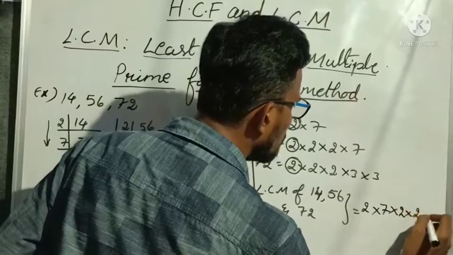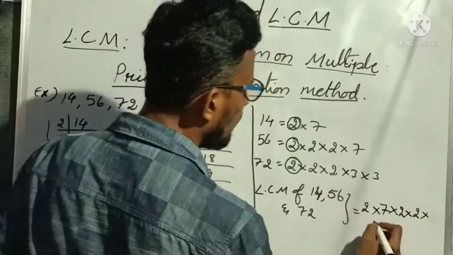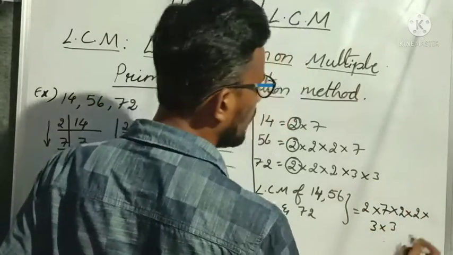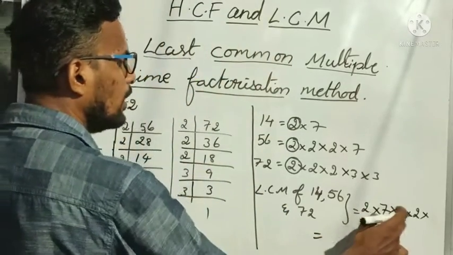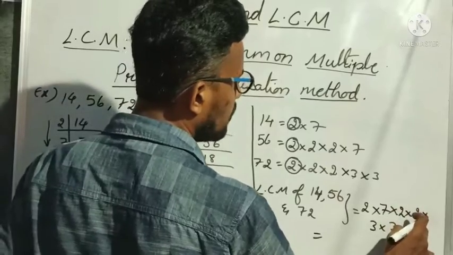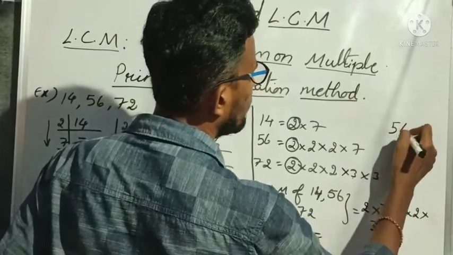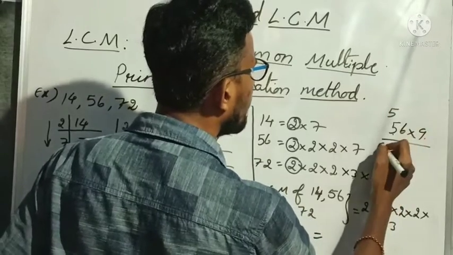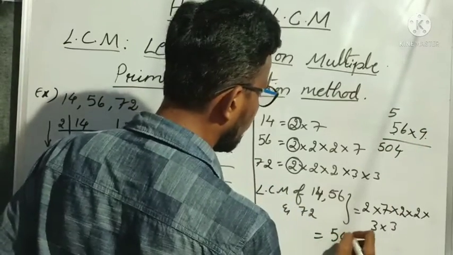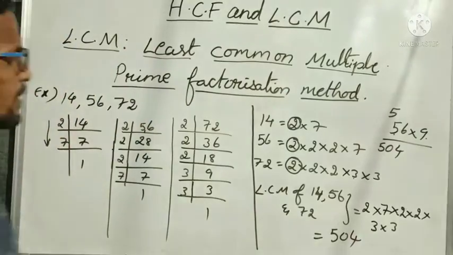So 2 into 2 into, but 3 is not common. So 3 I should write 2 times like that only. Understood? So that is equal to 2 into 7, 14. 14 2s are 28, 28 2s are 56, 56 into 9. 9 6s are 54, 9 5s are 45 plus 5, 50. 504 is the answer.